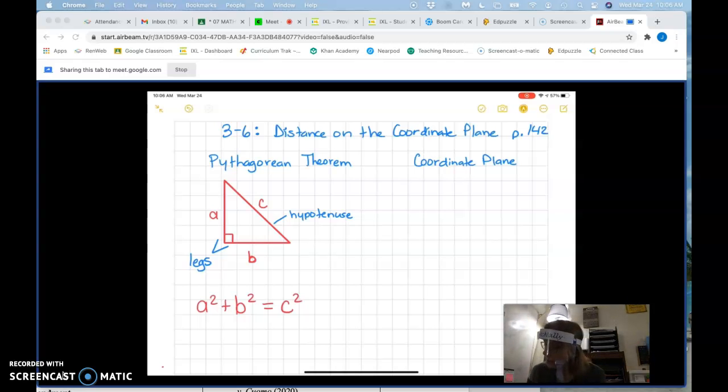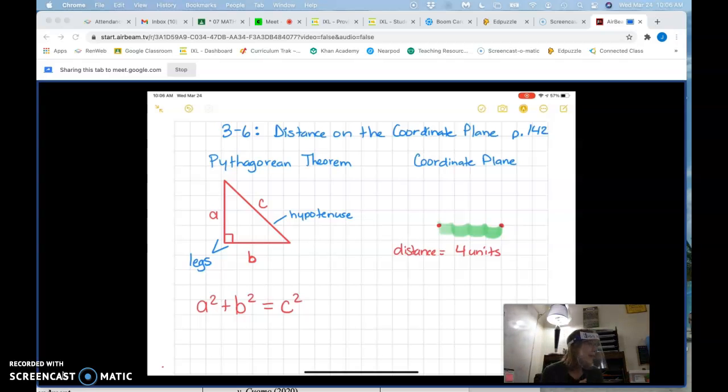But sometimes when they give us 2 points on the coordinate plane, they're in line with each other like this, and you can literally just count how far it is. 1, 2, 3, 4. So these 2 points are 4 units apart, right? Distance equals 4 units here, because we could just count because they're in a straight line.